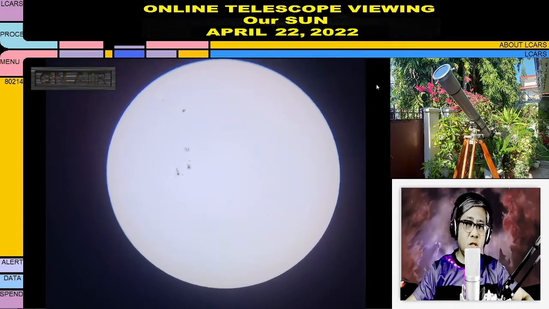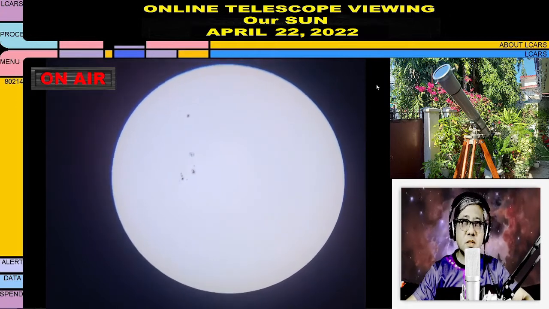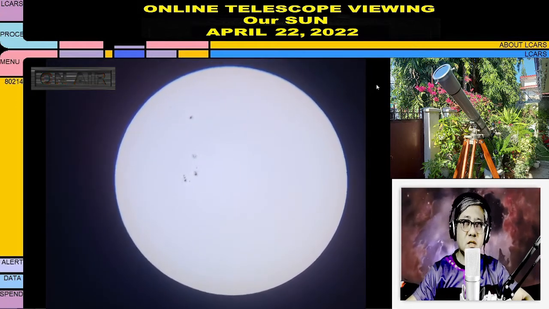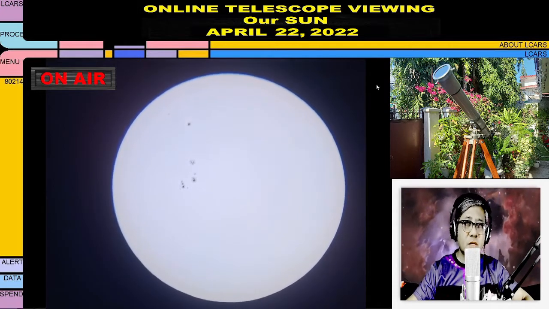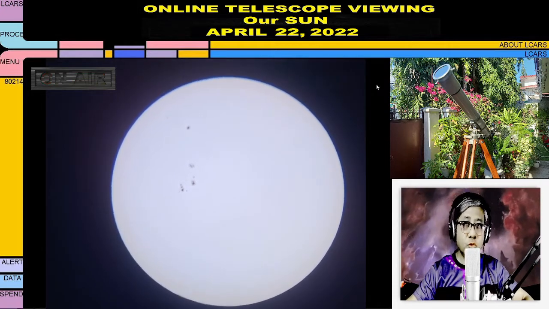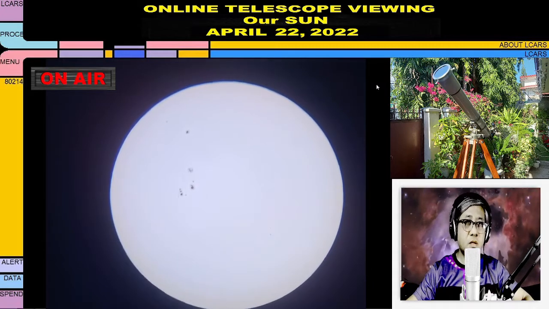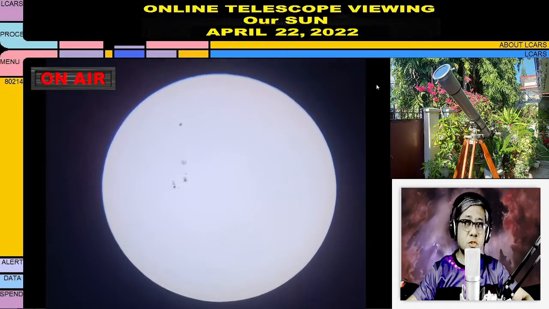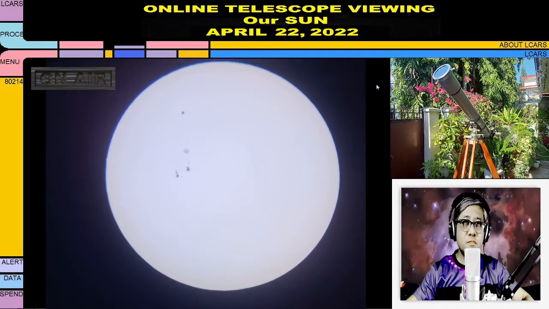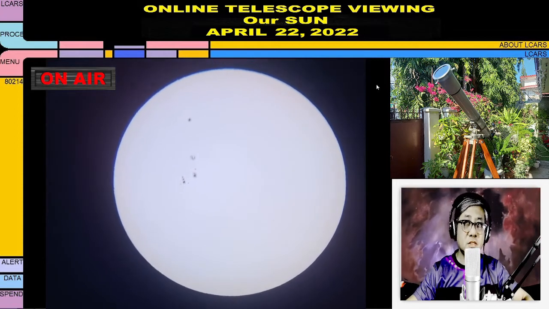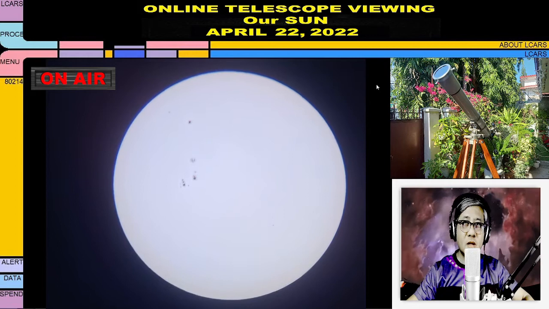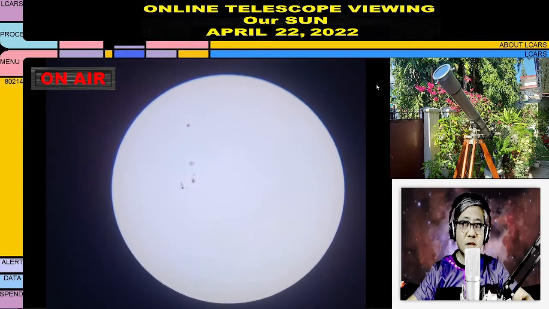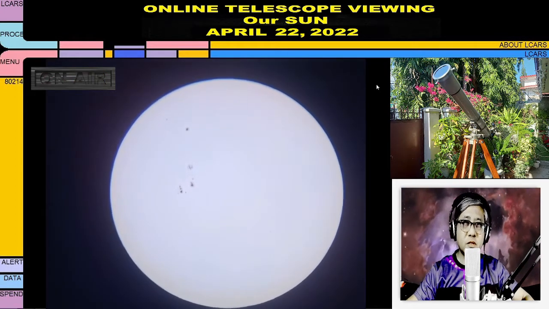So ano nga itong mga nakita natin na sunspots? These sunspots are actually areas on the sun's surface that are relatively cooler and they appear dark in its surrounding photosphere. Yung photosphere po mga ka-spacers, that is the visible surface of the sun. Ito nakikita nyo po ngayon na bolang bilog na puti, that's the photosphere.